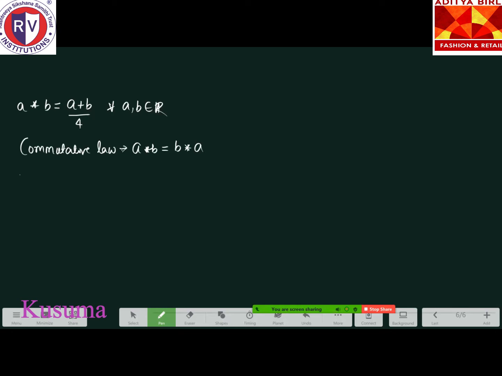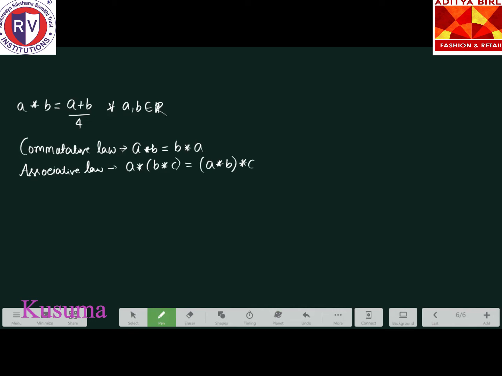Similarly, the associative law means A star B star C must be equal to A star B star C, grouped differently. To check whether the given operation is commutative and associative, we have to check these laws. It is given that A star B is equal to A plus B by 4.